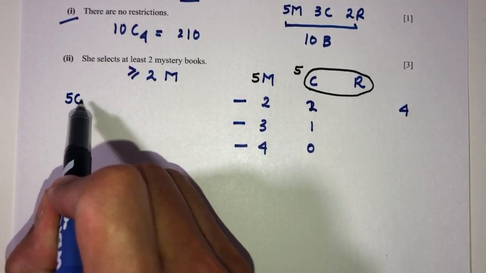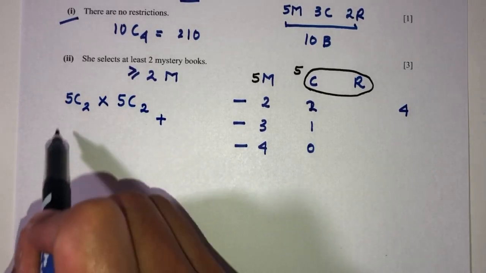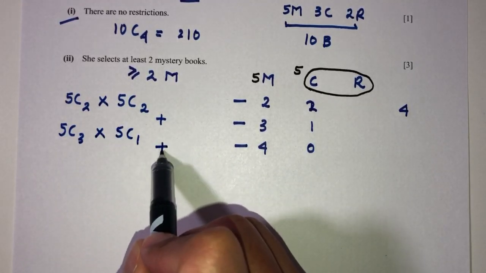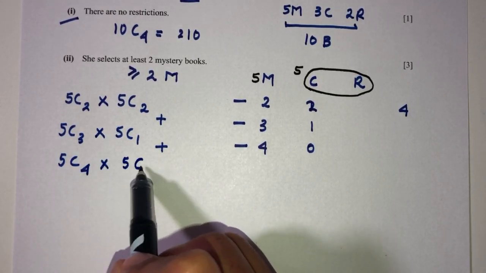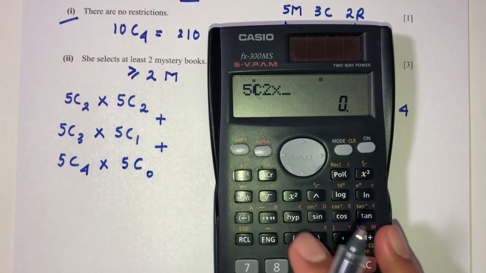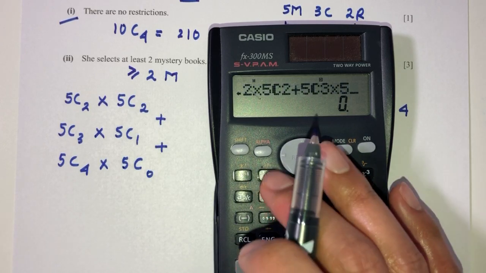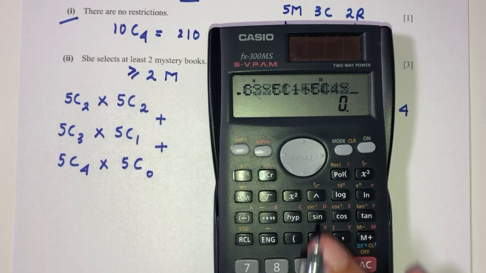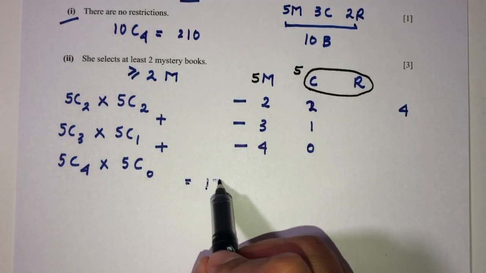So 5 choose 2 times 5 choose 2, plus 5 choose 3 times 5 choose 1, plus 5 choose 4 times 5 choose 0. That will be 155 as your answer.